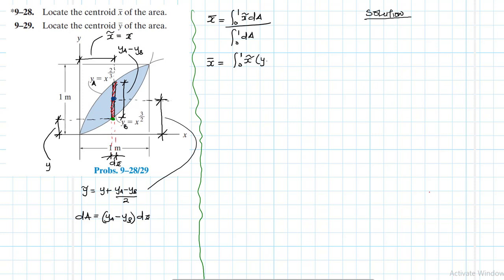Our dA is YA minus YB dx, divided by integral from 0 to 1 YA minus YB dx. Then our x bar is going to be equal to integral of x squared. What did we say our x squared is? This x squared is just x, so you can replace x there, 0 to 1. And then what is our YA?